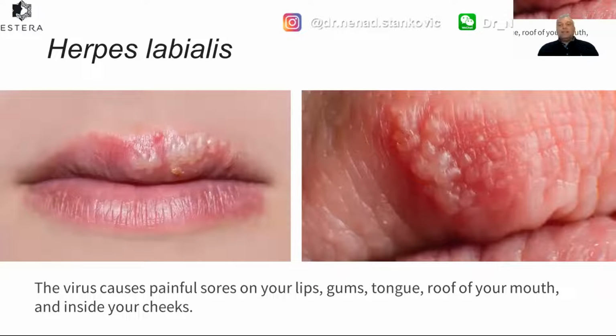Then something that we actually don't think about a lot when we are injecting the lips is herpes labialis, or oral herpes. That is because the virus causes painful sores on the lips, but of course on other parts of the body too, specifically the oral area.